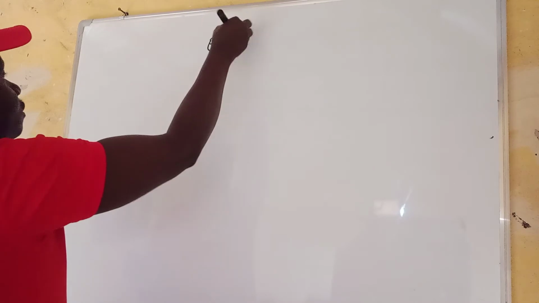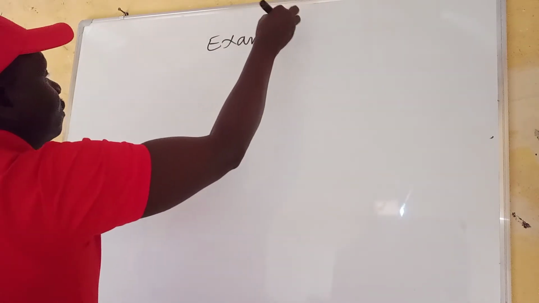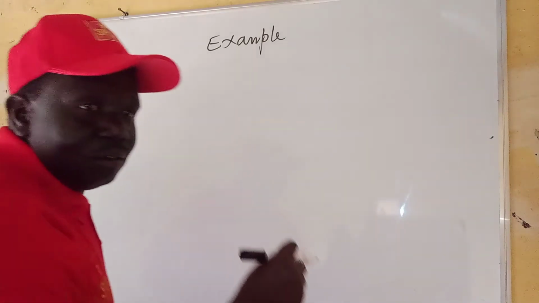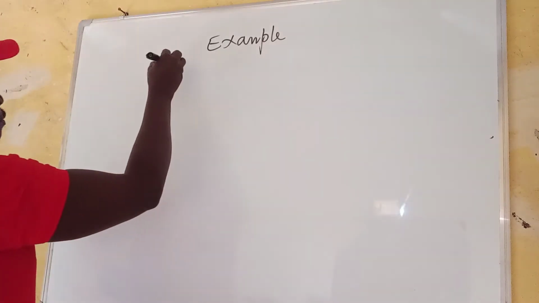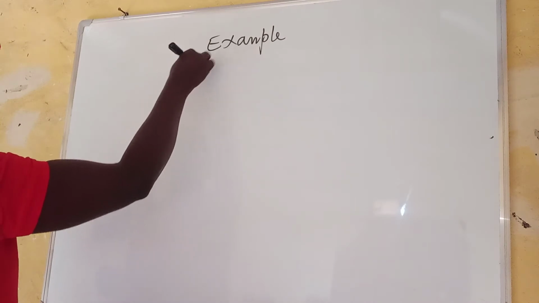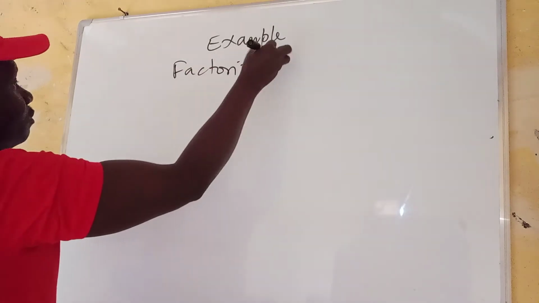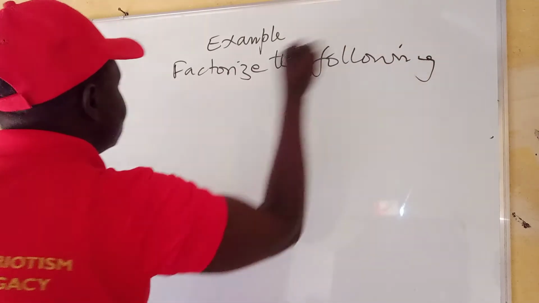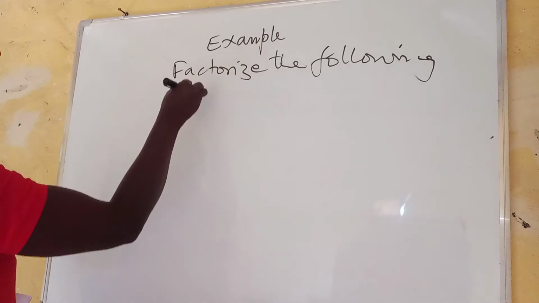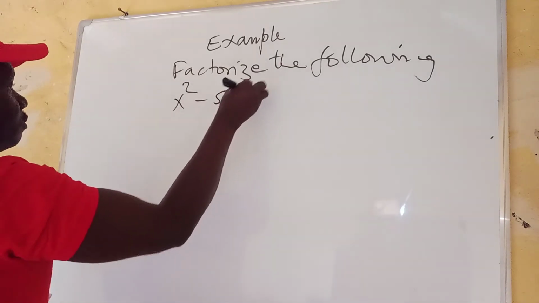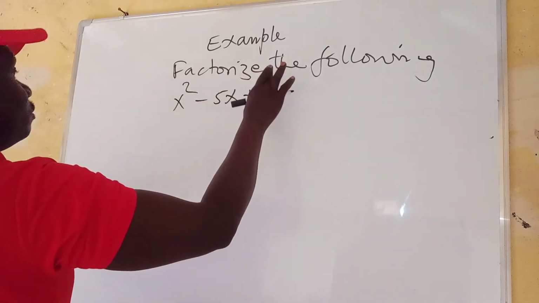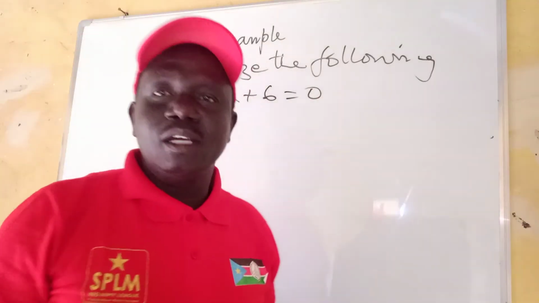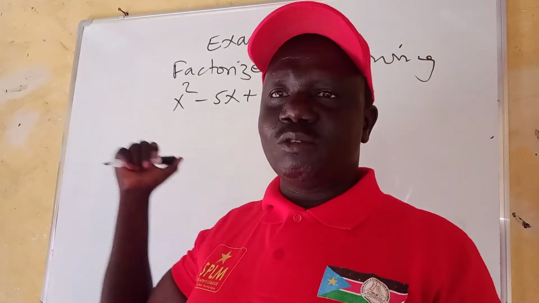Example. It says factorize the following. That means we are going to find the factors of this quadratic equation.